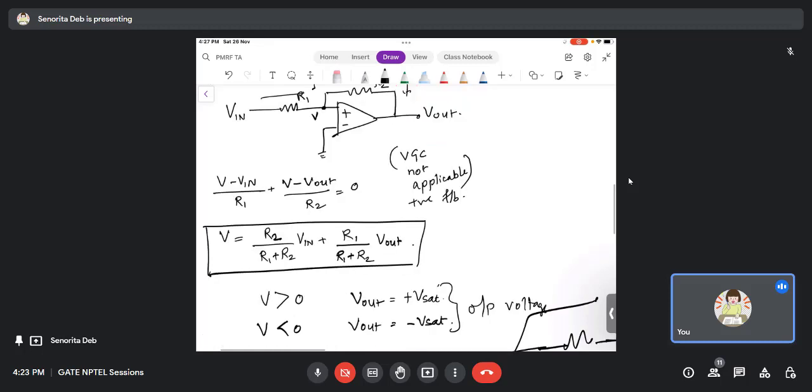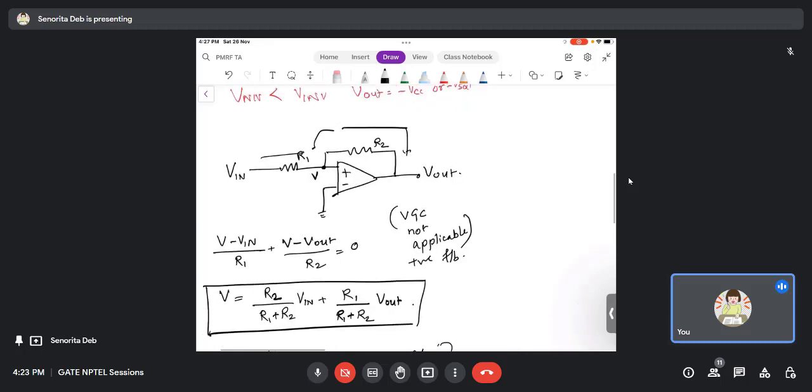And this kind of circuit is normally used to convert the input to a square wave, because the output always switches between plus VCC and minus VCC. So we will see how the square wave comes.